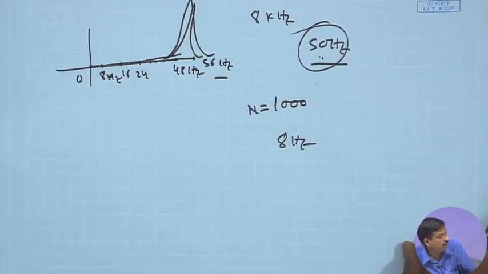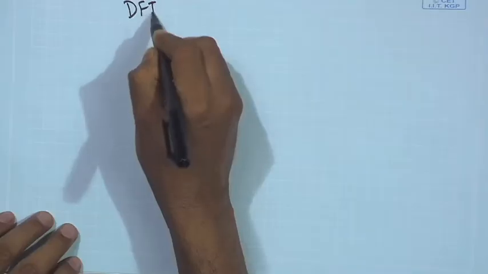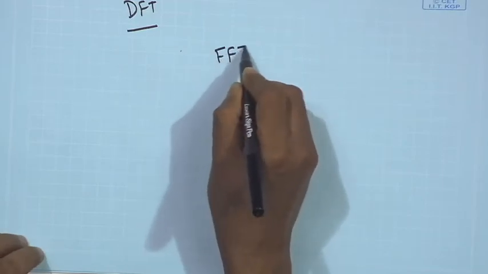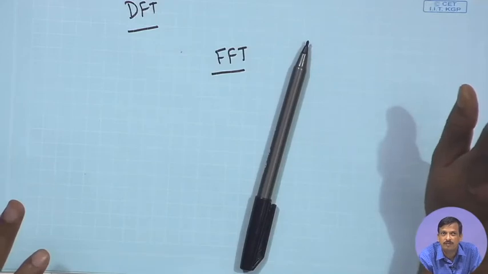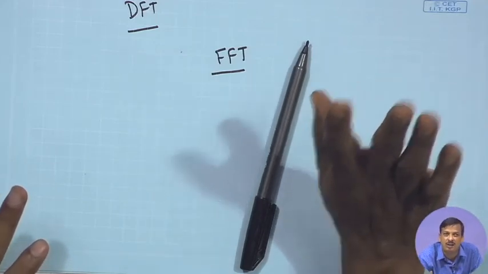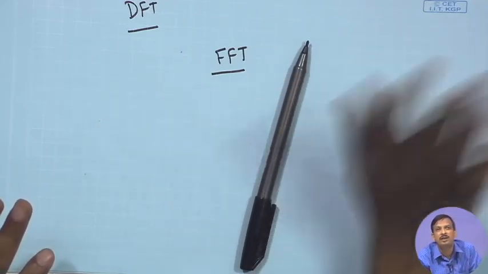Okay. Now, you know that the implementation of DFT, the discrete Fourier transform, is done based on the fast Fourier transform algorithm. So, FFT is not the transform, FFT is an algorithm to implement DFT.